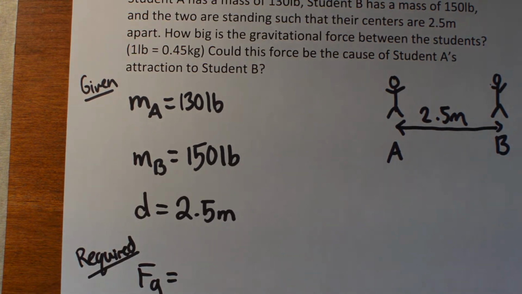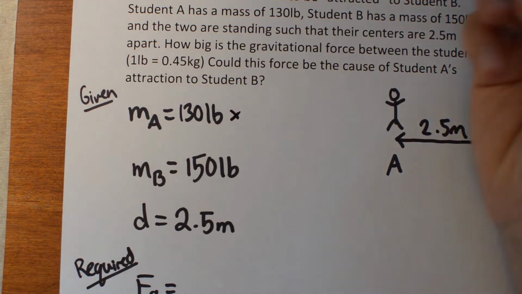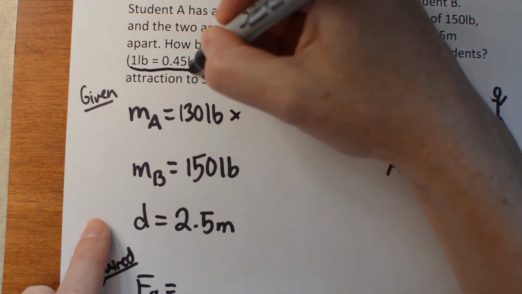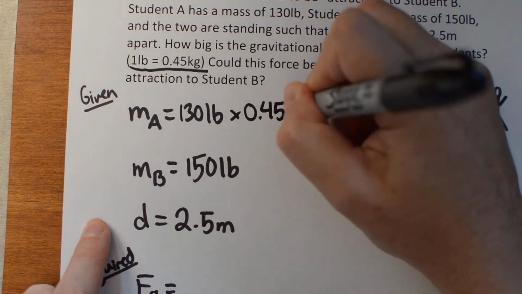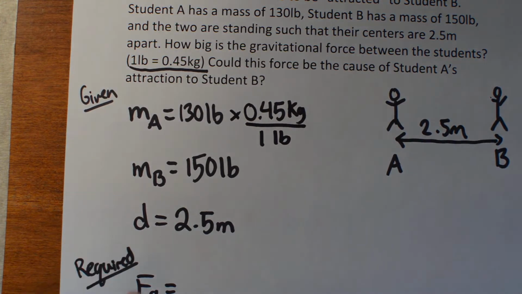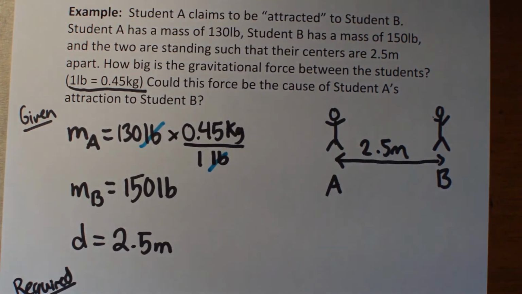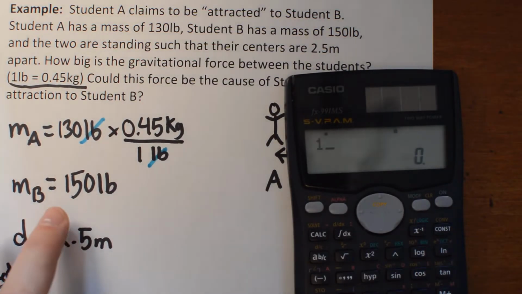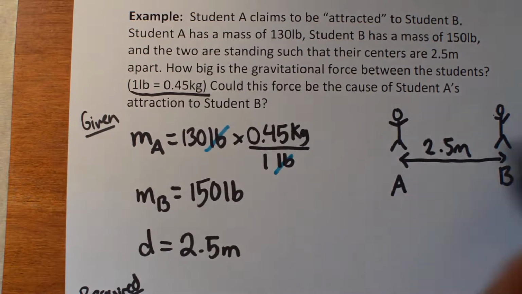So first off, I'm going to need to make some unit conversions here. Pounds, I can't use that, that's not an SI unit. So here's my conversion between kilograms and pounds: 0.45 kilograms is equal to 1 pound. That cancels out my pounds, right? So I'll just calculate that here. 130 times 0.45 is 58.5.